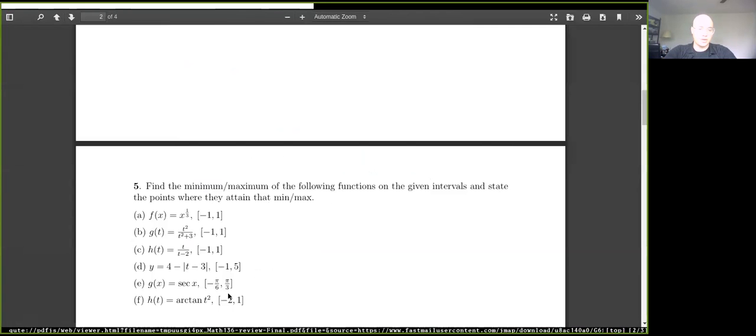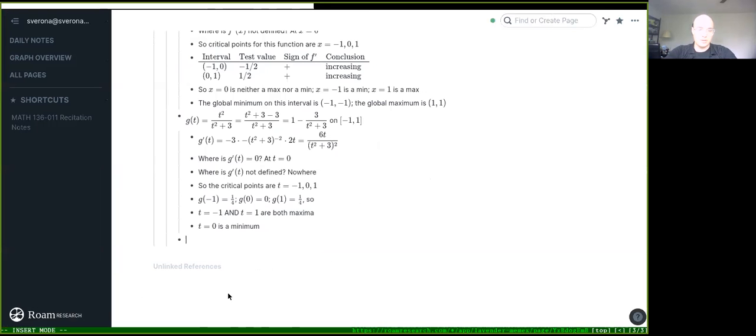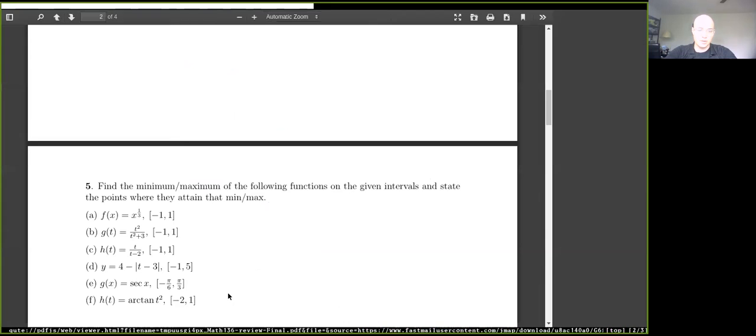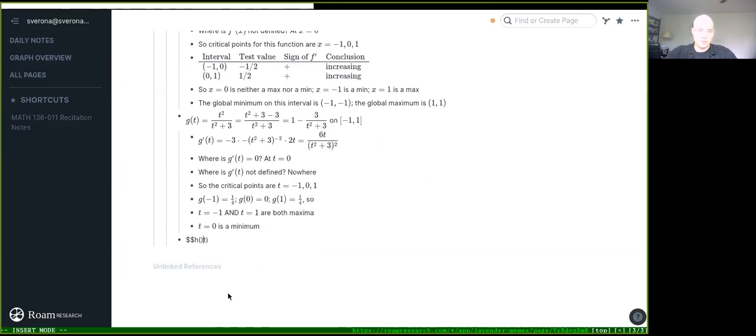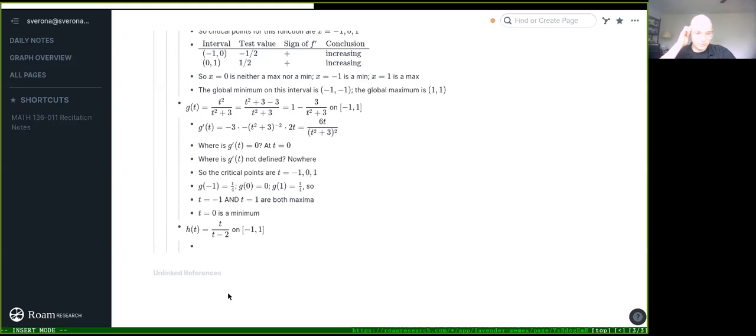Next one, yuck. Okay. This h of t. Yep. And so that's going to be t over t minus 2 on the same interval again. This is a situation where quotient rule would be maybe a little bit faster than doing the same thing. So I'm going to take my derivative first.